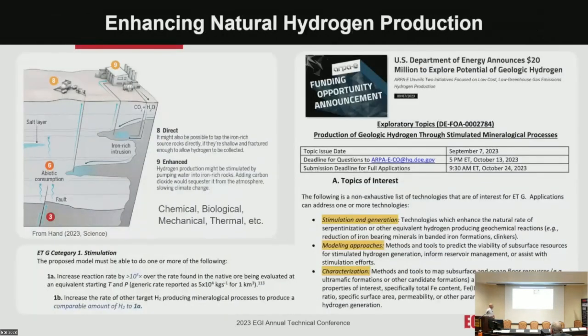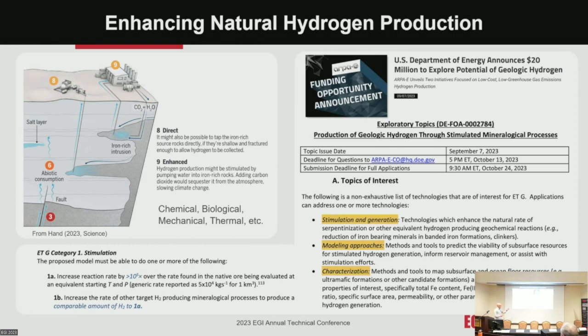And one more thing. This announcement was made 2 weeks ago. There's a funding opportunity in the United States. They are looking at the possibility of stimulating natural hydrogen systems to produce or increase the efficiency of natural hydrogen production.